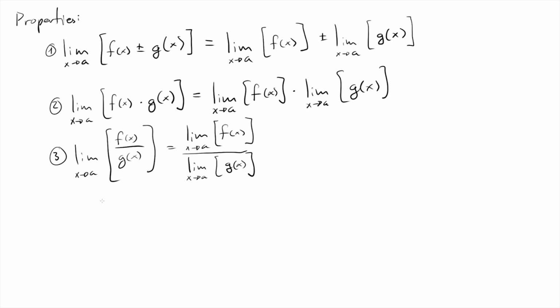Okay, and then there's one more here that I quickly want to mention, our last one, the limit as x approaches a of some function f of x. In this case, we don't need g of x, we just need one function f of x, raised to some exponent n.